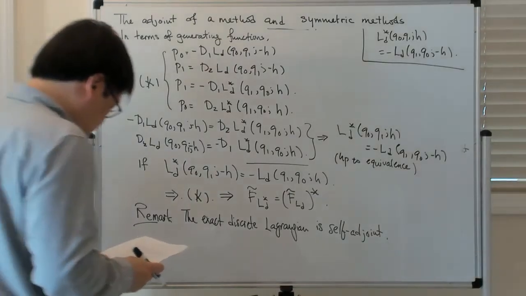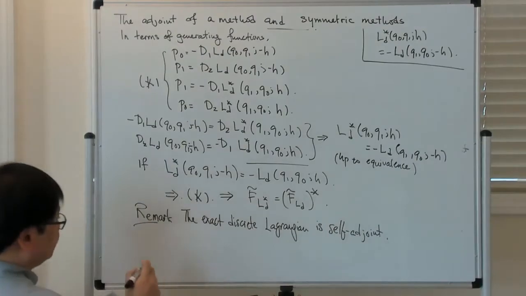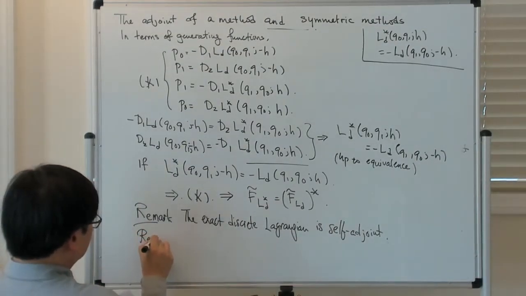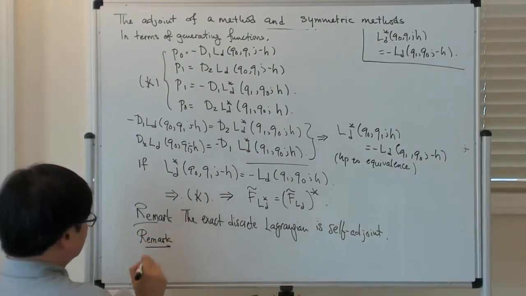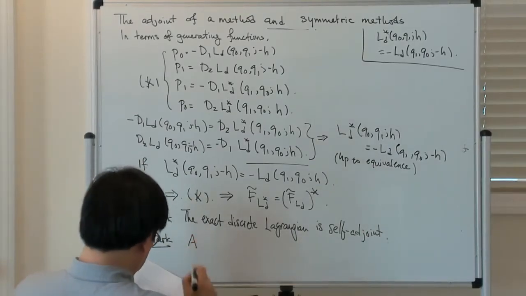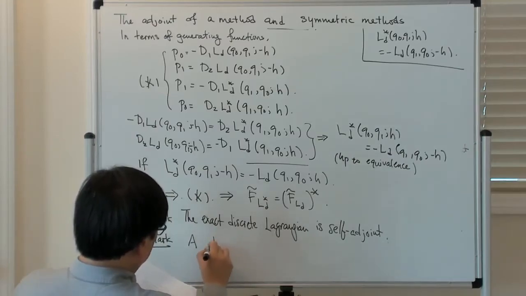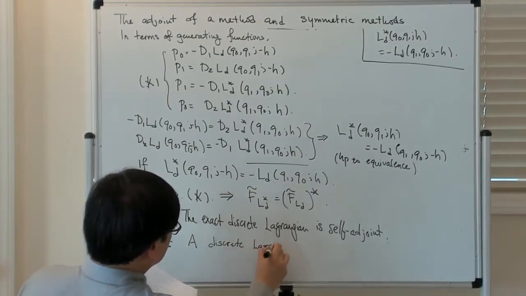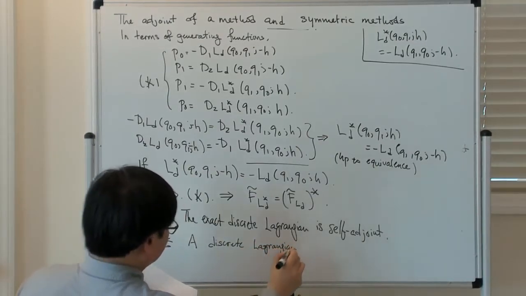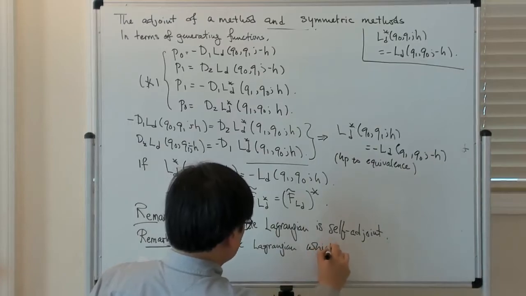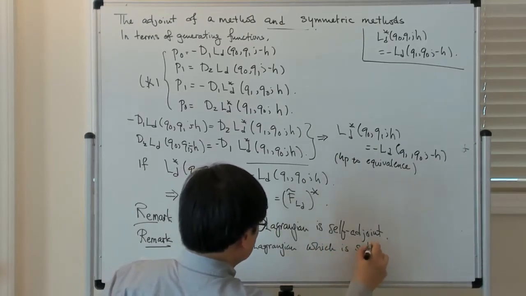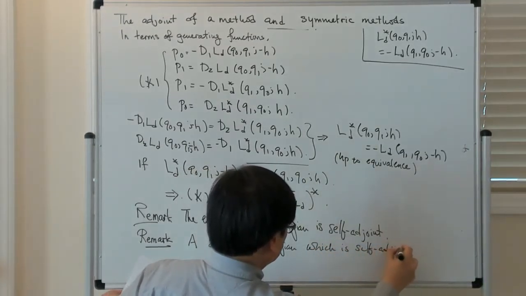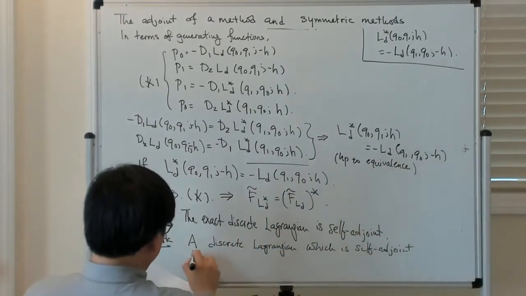Okay, so let me just make another remark: a discrete Lagrangian which is self-adjoint has even order of accuracy.